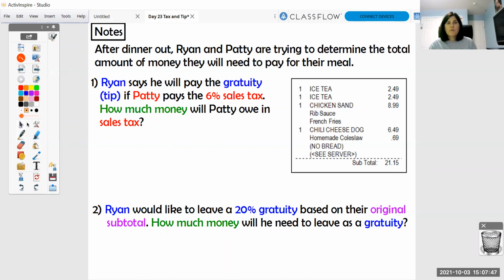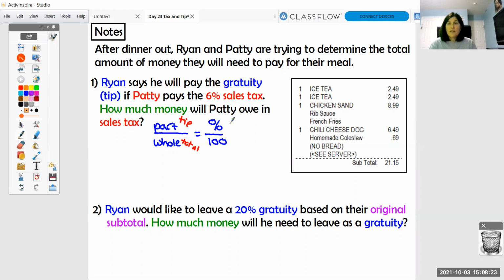We're going to use our percent proportion like we did in our warm-up and like we've done for the past couple days. All right, we're going to do a part over a whole, the part over the whole, and that's going to equal the percent over 100, right? It's the same exact setup, but in this case, the part is going to be our tax. I said tip and I meant tax. So the part that we're going to substitute in here is going to be the tax. The whole is the total amount of the bill.